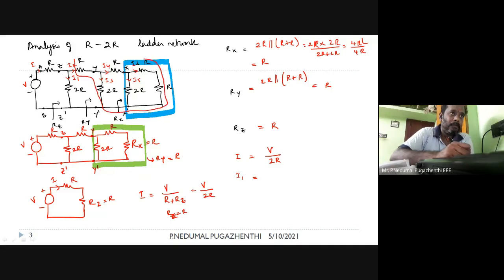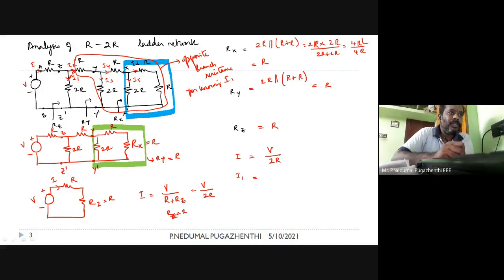What I am encircling with this red mark is your opposite branch resistance for knowing your I1. Because I1 is flowing here, the opposite branch to this 2R available here is the entire combination of that.